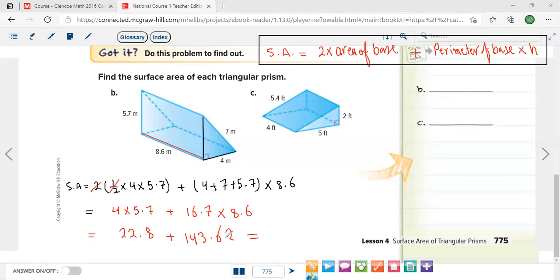And if we add it to 22.8, this will give 166.42 meter square.